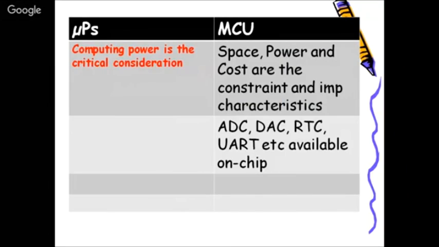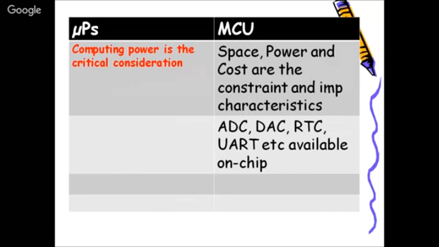Computing power is the critical consideration in case of microprocessor based systems, because with general purpose processors you can add good computing power. And in case of a controller, space, power, and cost are the constraints and important characteristics. As we were discussing yesterday, microcontroller based embedded systems are cost driven, space driven, and power driven, because mostly these are battery operated systems.